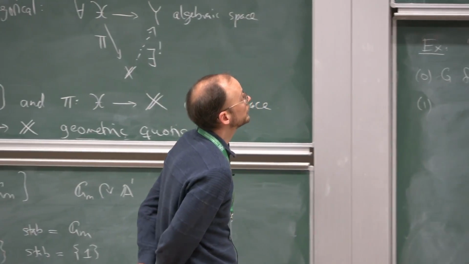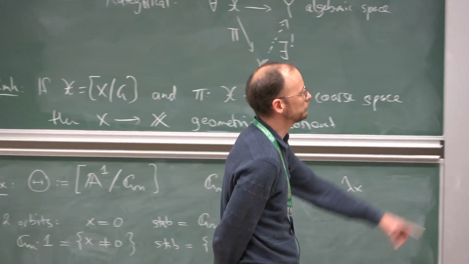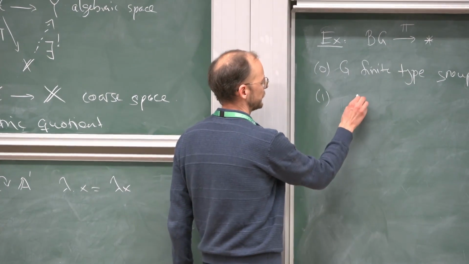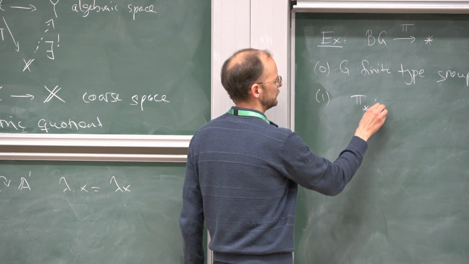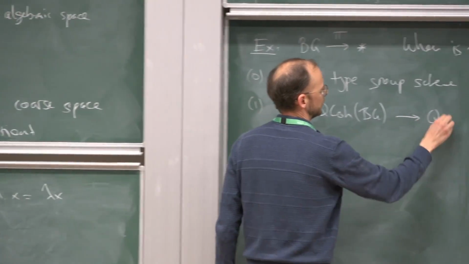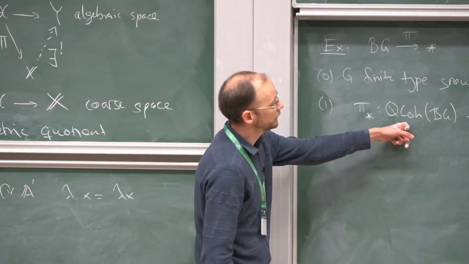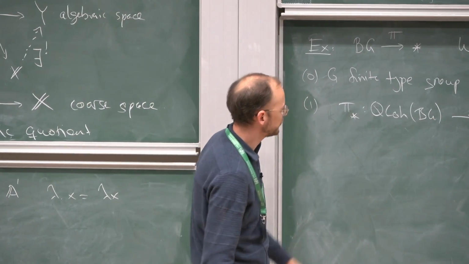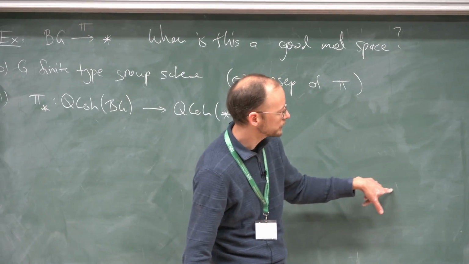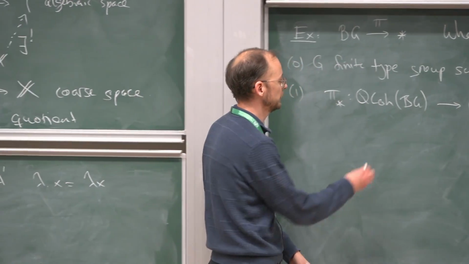Condition 1 tells me that the push forward of coarse-grained sheaves on BG to coarse-grained sheaves on the point should be exact. Let's unfold what this means. I just erased the dictionary, but it's reminiscent here: coarse-grained sheaves on the stack are G-equivariant sheaves on the atlas, which is just a point.